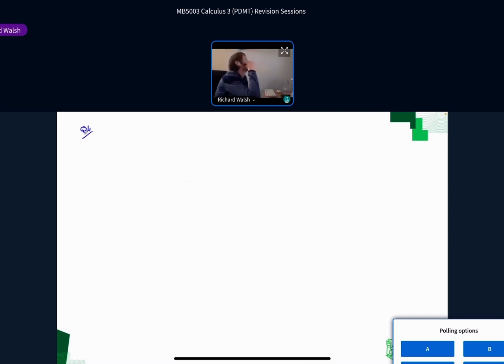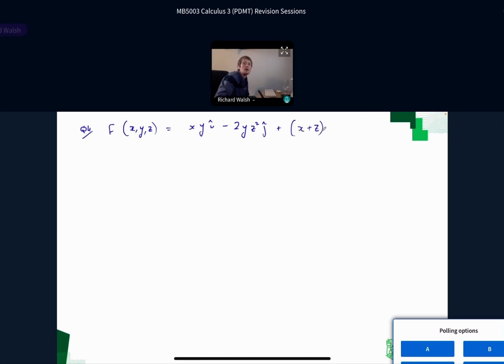Right, so it says find the work done by the force field. So we're given a force field, F. I'll just write it down just in case it's needed. We have a good bit of time, so not too bad. 2yz squared j plus x. So that's our vector field, which is a force in this case.